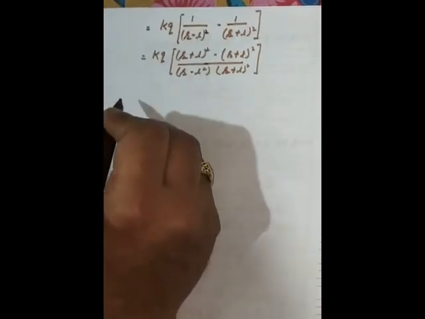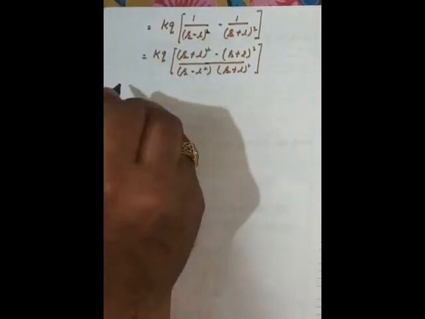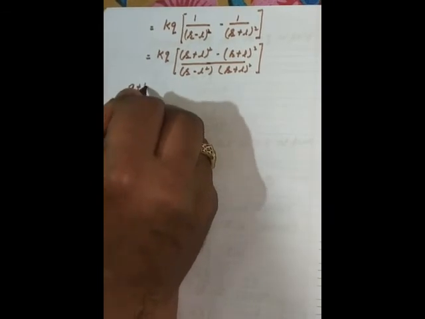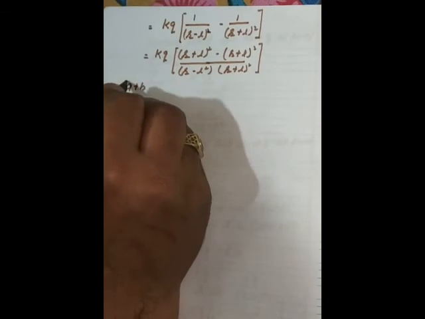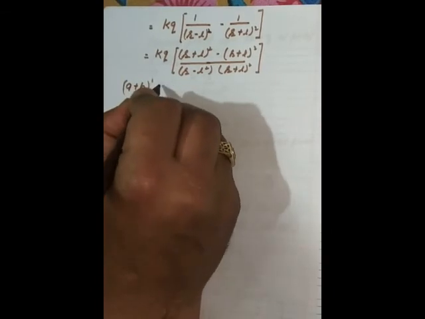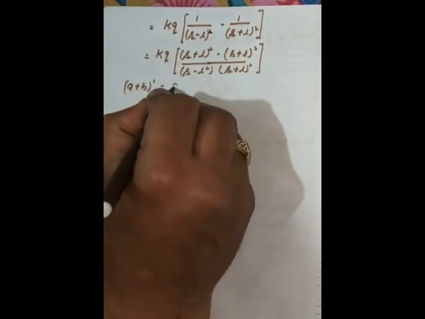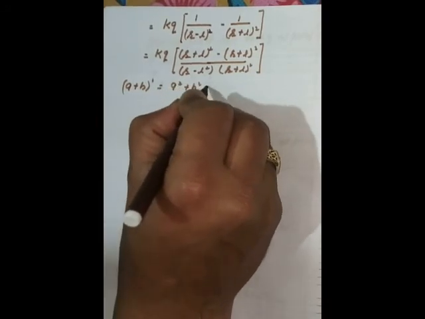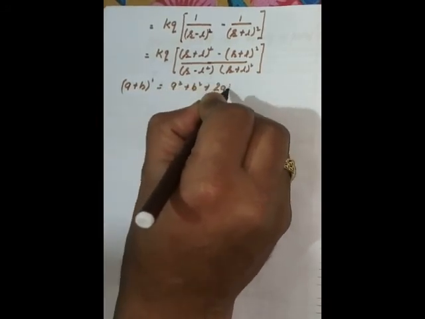We know few identities. A plus B whole square equals to A square plus B square plus 2AB.